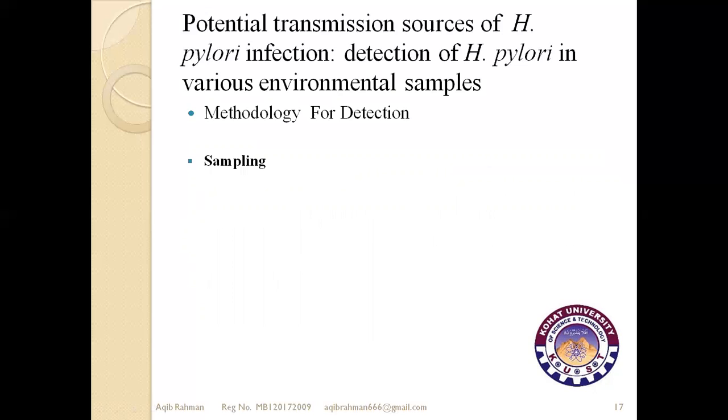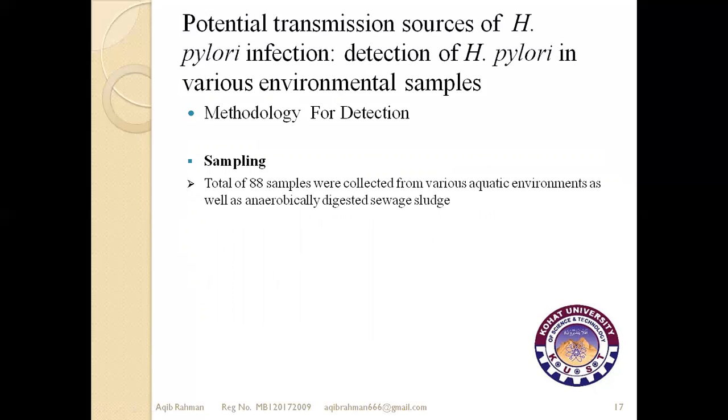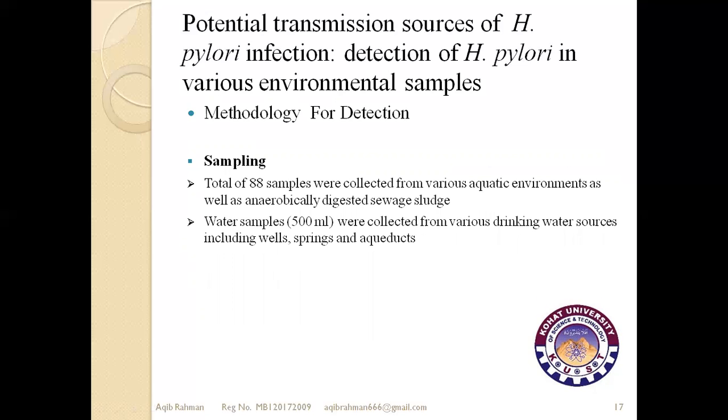First, we did sampling. A total of 88 samples were collected from various aquatic environments as well as anaerobically digested sewage sludge. Water samples were collected from various drinking water sources including wells, springs and aqueducts.